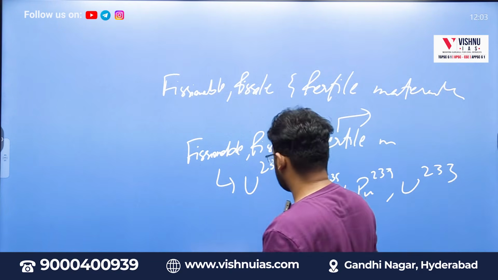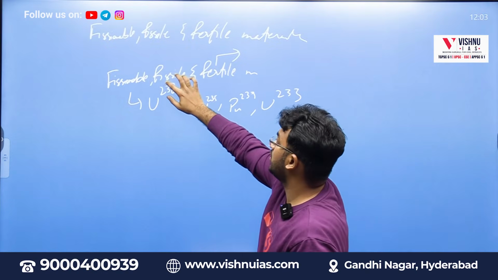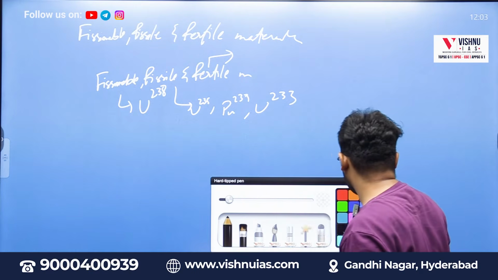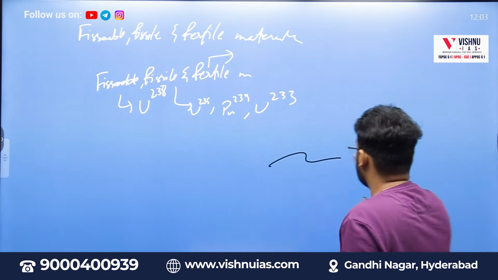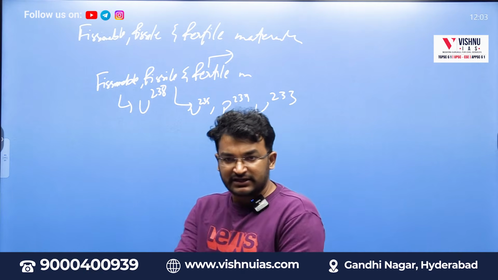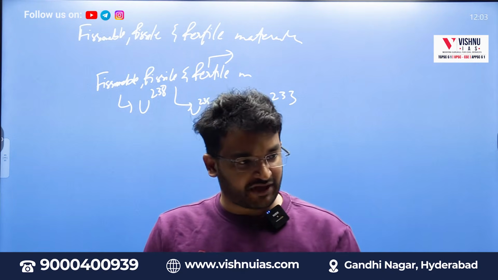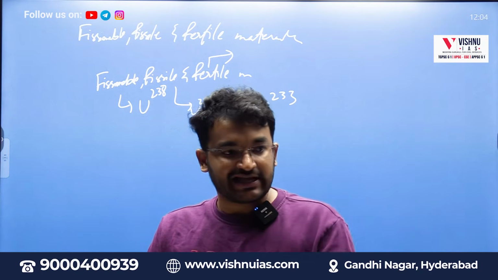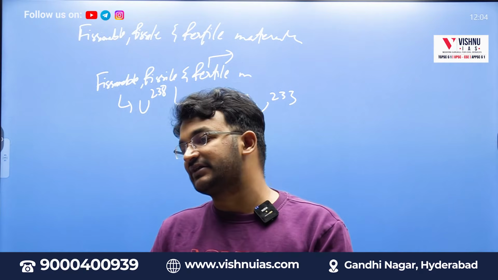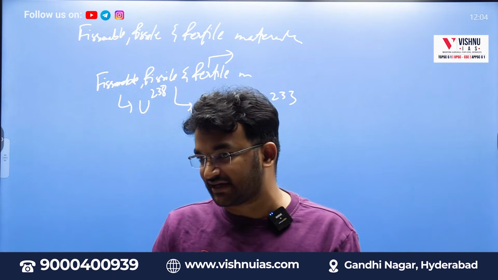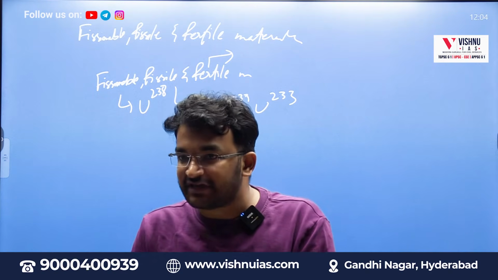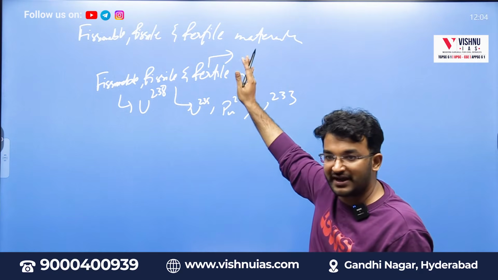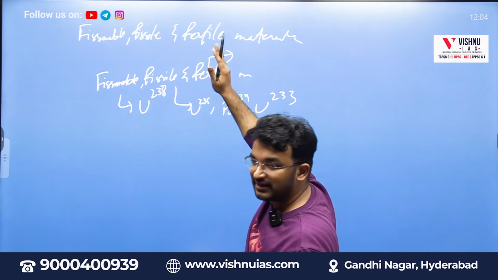See here, see what we had identified. We had identified that first of all there is requirement of an instability in an atom for the generation of nuclear energy, and even then this instability is not sufficient. We can divide these unstable atoms into three different formats: fissionable, fertile and fissile.